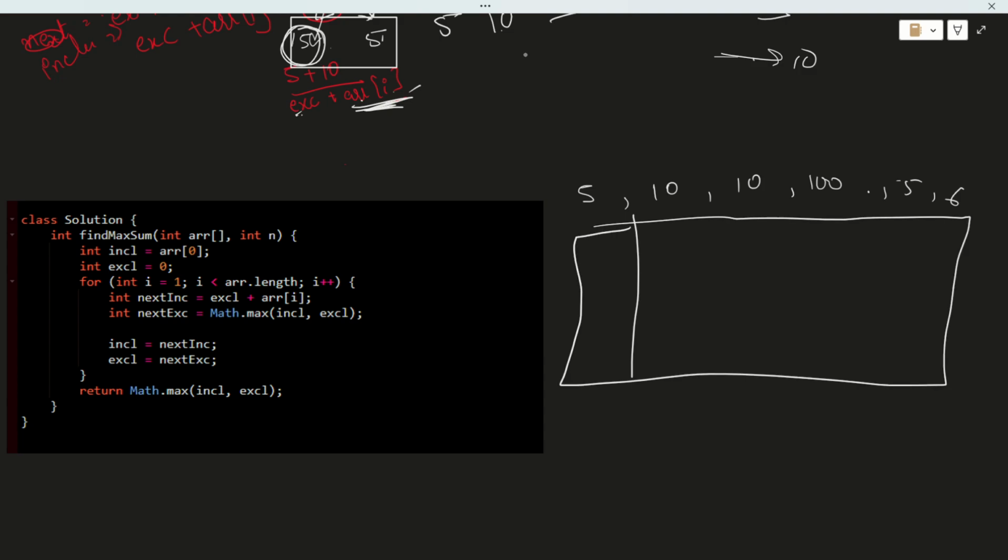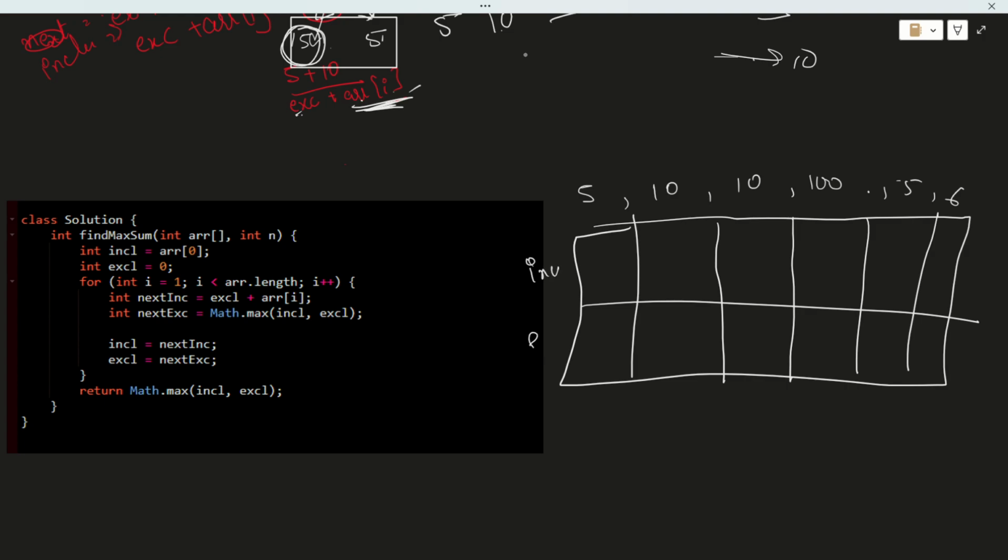So this is my table. I have two options, to include the next one or to exclude the next one, right? I have these two options. See, if I include 5, what would be my answer? 5. But if I exclude 5, what would be my answer? 0, right?